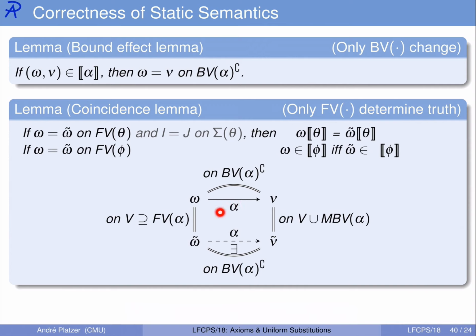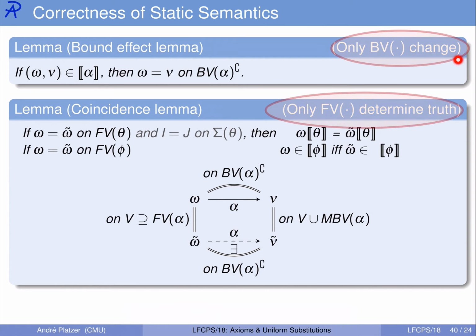But we also, in the coincidence lemma, know that if the old state omega had a similar state omega tilde that agreed at least on the free variables of the program alpha is reading, then if there was a run of the program from the old state omega to a new state nu, then there also is a similar run of the program from the old state omega tilde to the new state nu tilde, such that, again, these two are similar. So two similar old states go to similar new states, which agree on at least those free variables, in fact, on even anything else that they already agreed on initially, and also on all the must bound variables. We'll get to that in a second.